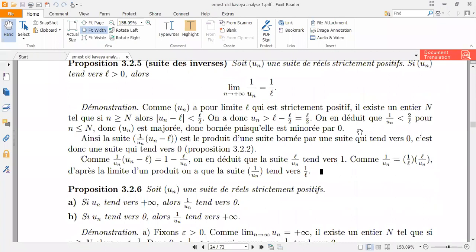Since we're looking at those things today, I'll roughly explain suite arithmetic and geometric.